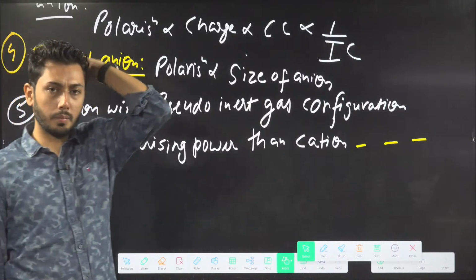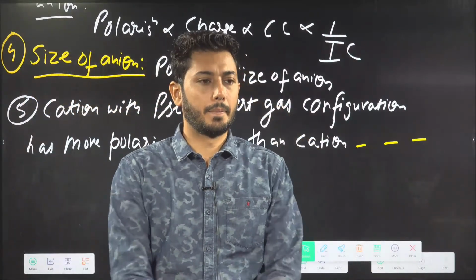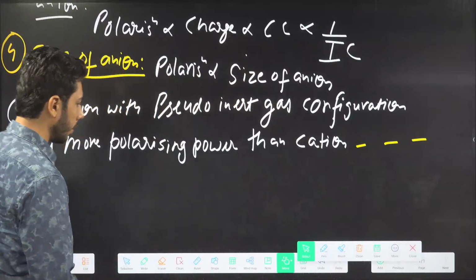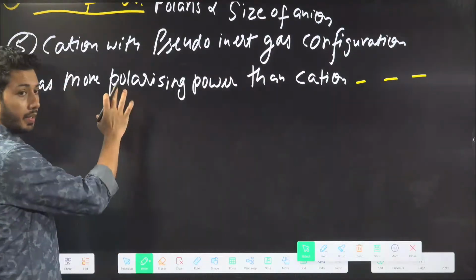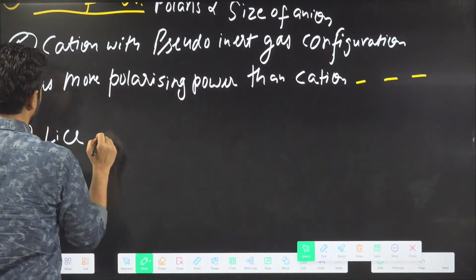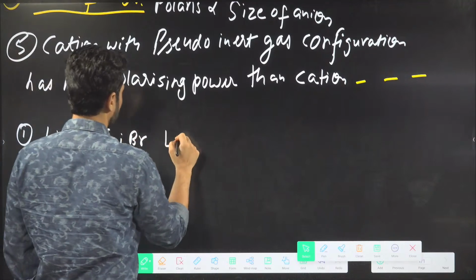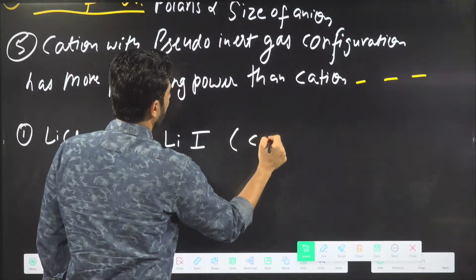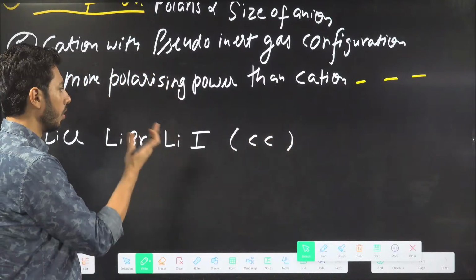These 5 points completed. I hope you have written. Now we'll talk about the examples. Directly apply the factors in the examples. In brackets, I am writing which order you have to write, covalent character or ionic character.